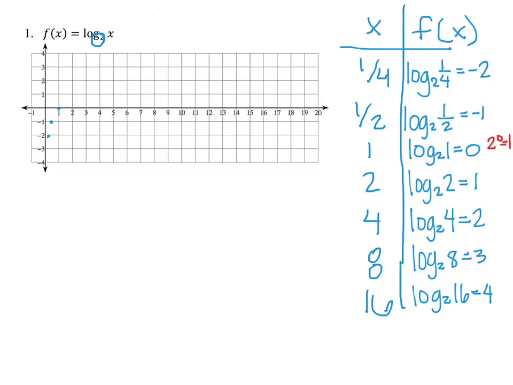Then at 1, 0. At 2, my output was 1; at 4, my output was 2; at 8, I was at 3; at 16, I'm at 4. So then I go and connect the dots. This is the graph of log base 2 of x.